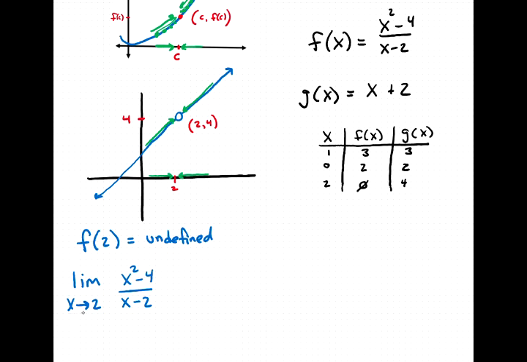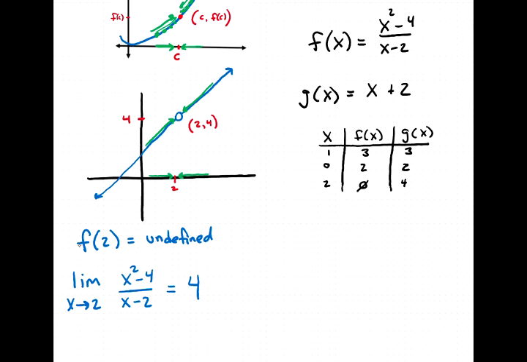As x is getting close to 2, what is the behavior of the y values? So even though the function is not defined when x is equal to 2, the limit is. So the limit is the y value of the point that the graph of the function is getting closer and closer to as x is approaching this number.